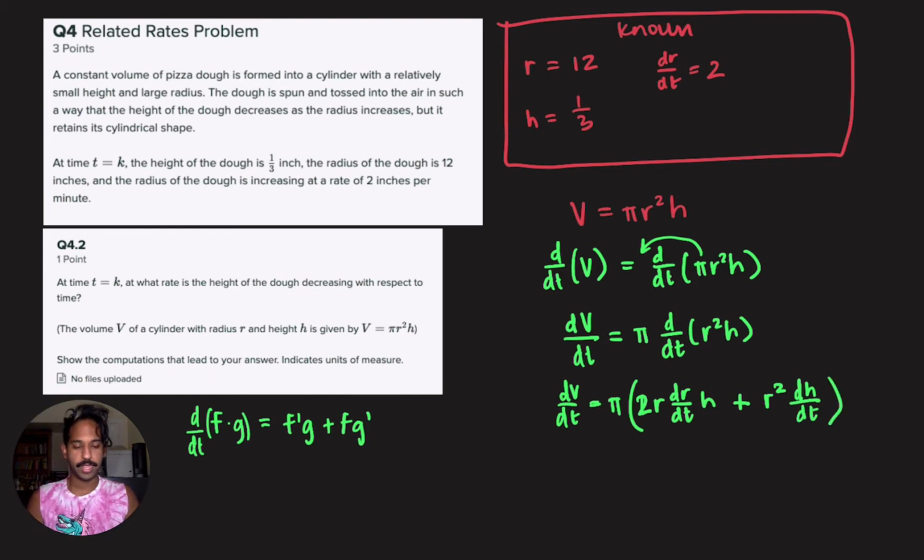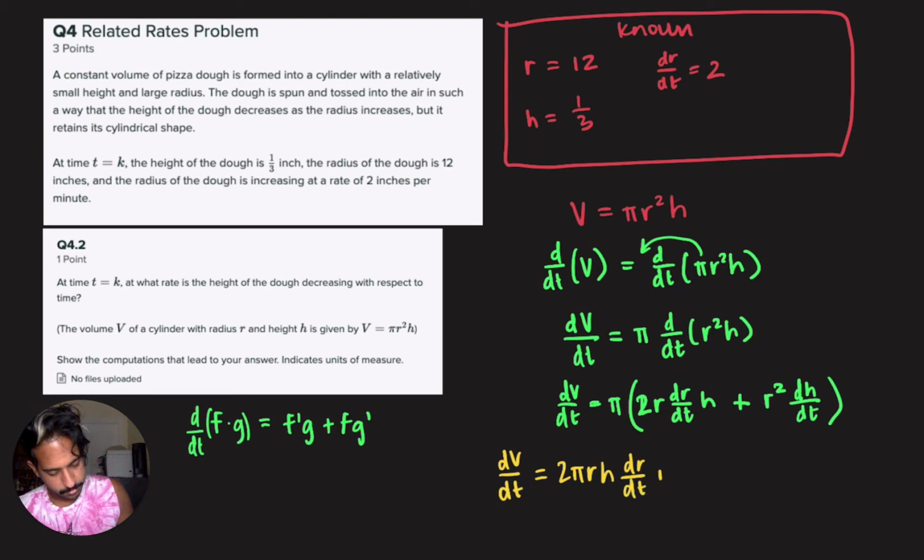And so we get dV/dt equals pi times all of that. I'm going to redistribute the pi everywhere and move some things around. I'm going to do this in a third color. We get dV/dt equals 2 pi r h dr/dt plus pi r squared dh/dt.